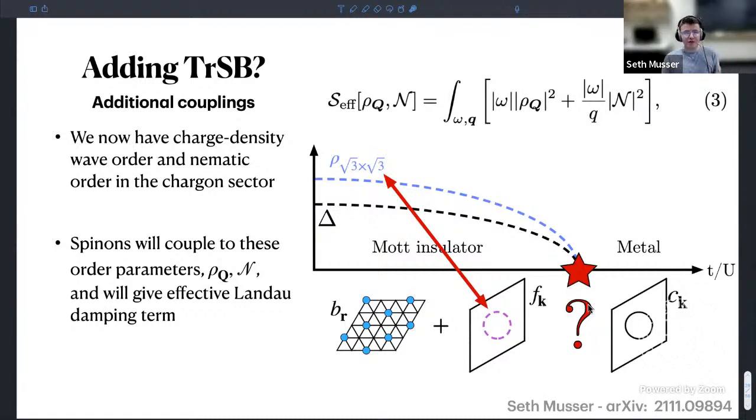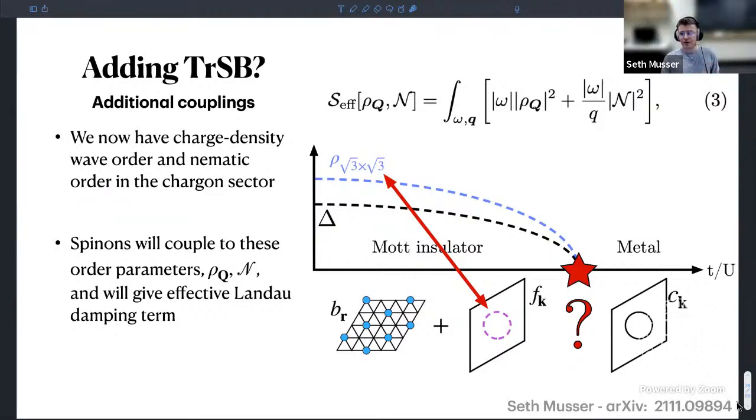So this is our effective field theory for these kinds of order parameters without knowing anything about what the chargon criticality looks like. At the end of the day, since the CDW, the translational symmetry breaking, is showing up in the chargon sector, we'll see that these parameters are in fact described by chargonic degrees of freedom, but we haven't really investigated anything.